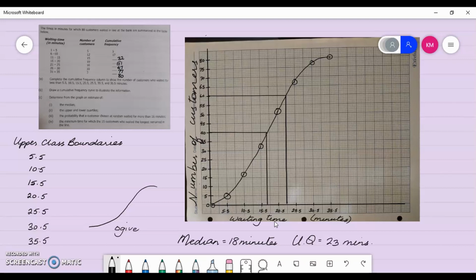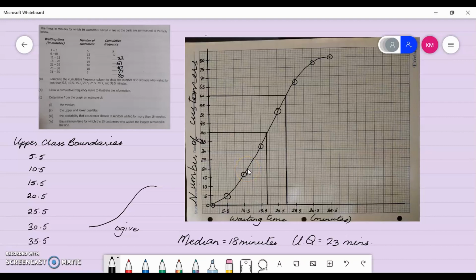Your lower quartile, I use the same method in which I have been using to find median as well as upper quartile. But this time for lower quartile, it's going to be 1/4 of 80. And 1/4 of 80 is going to give me 20. I look for 20 on my y-axis. I'm going to draw a horizontal line to meet my curve.